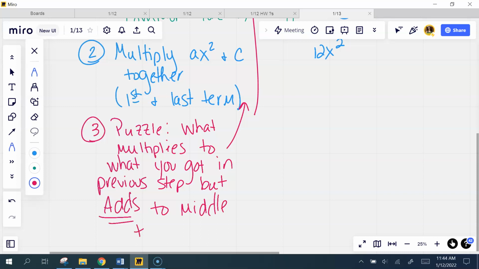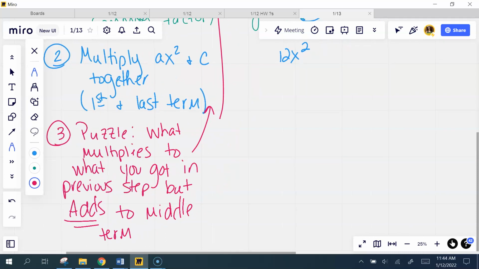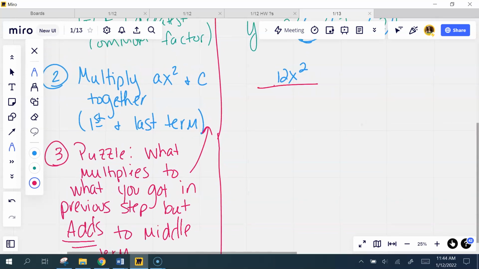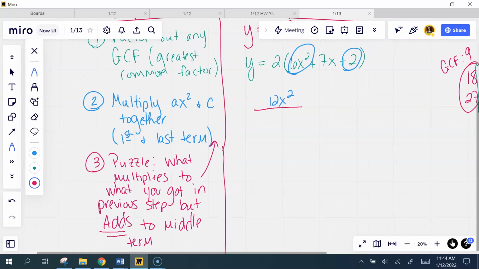And I know that this is very wordy, and if you need to pause to copy down, feel free. But I'm going to come back over here. I'm going to go, okay, well, 12x squared, my middle term is 7x, right? So what multiplies to 12x squared but adds to 7x?